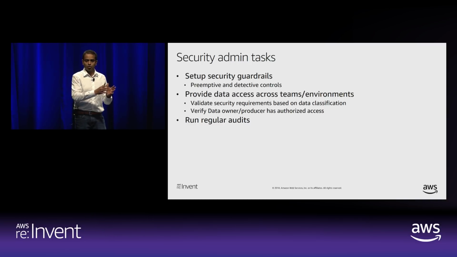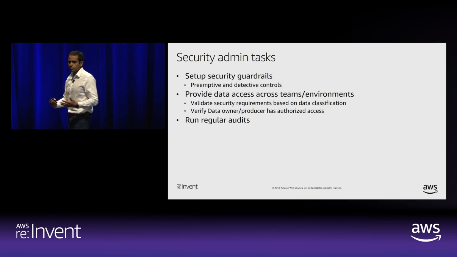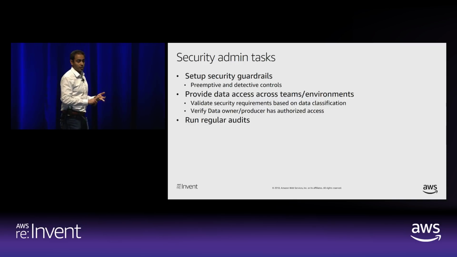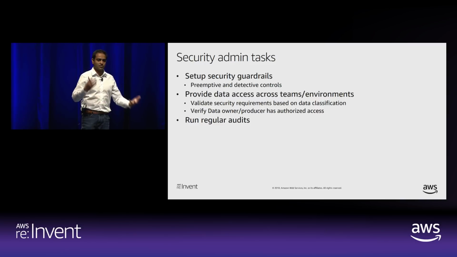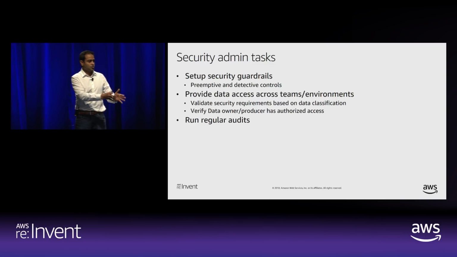When data access goes beyond a specific environment, that's when a security administrator should be involved to make sure the right set of data classification rules are applied, making sure the data consumer and the data producer are in sync. There's the right set of rules followed, so that if the producer says this is the column that the consumer has access to, that's being followed. And finally, running regular audits.